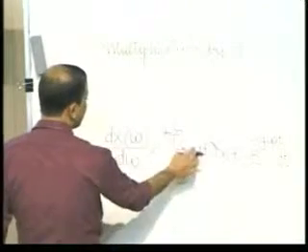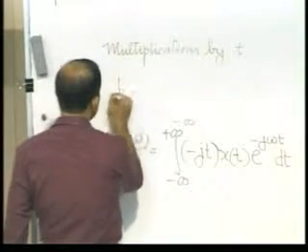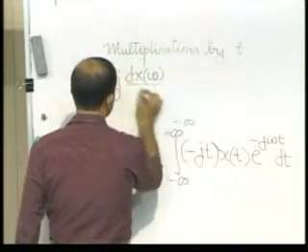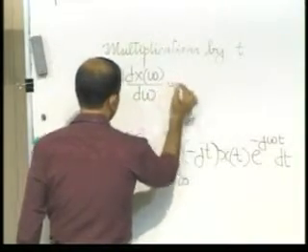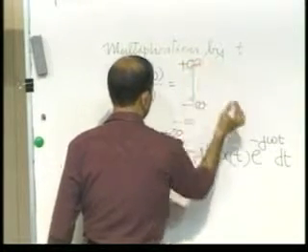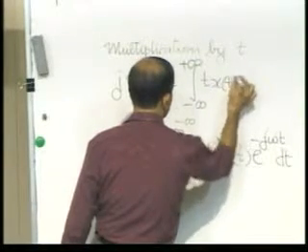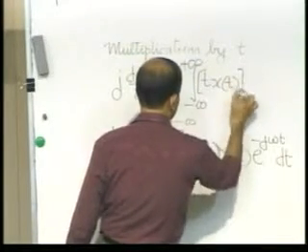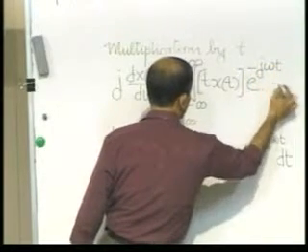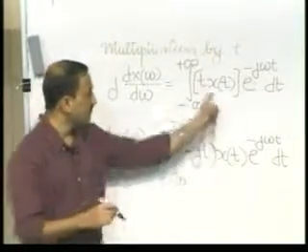One can show if you multiply both sides by j, we shall have j times dX of omega d omega is the Fourier transform of t times x of t.